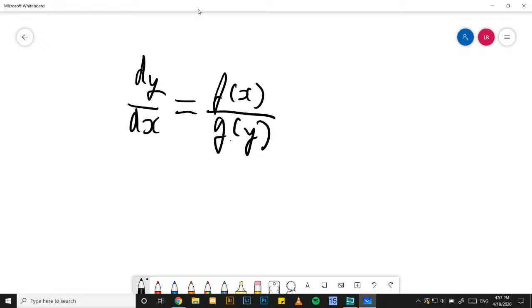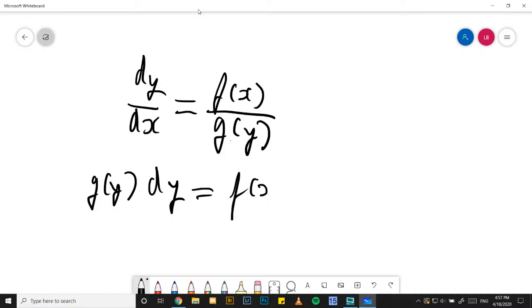The reason this is so simple to solve is because you can just move this g of y to the other side. You can multiply both sides by g of y, then also multiply both sides by dx. If you multiply both sides by g of y, you get the g of y in front with the dy. If you multiply both sides by dx, you get f of x dx. Notice that's g of y times some infinitesimal dy, and that's f of x times some infinitesimal dx.